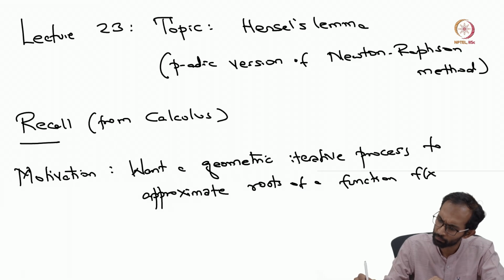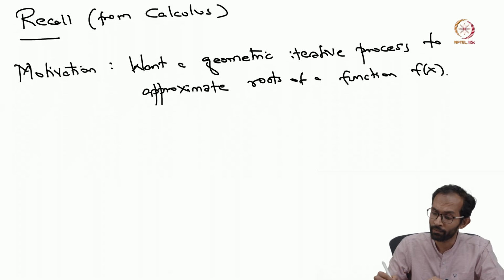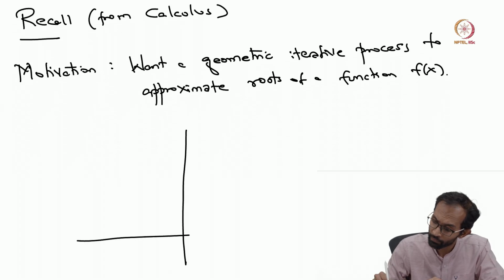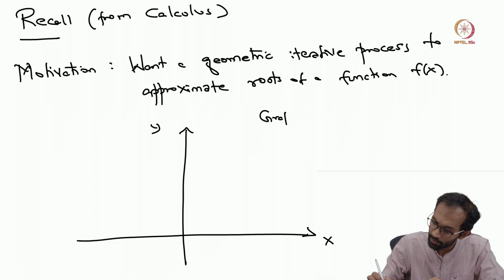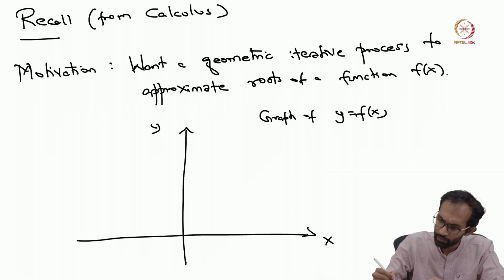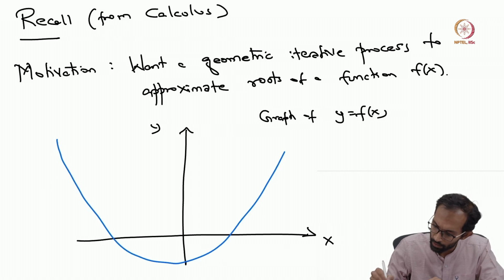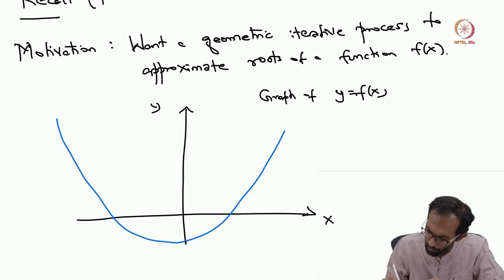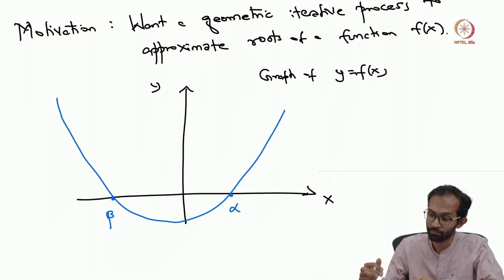f of x. So this function has to be nice in some sense, but I'll just sweep that assumption under the rug. So what you first do is you draw this graph of y equals f of x. Suppose for simplicity it looks like this, and let's say it has these two roots, beta and alpha, and somehow you want to compute one root of this function f of x.